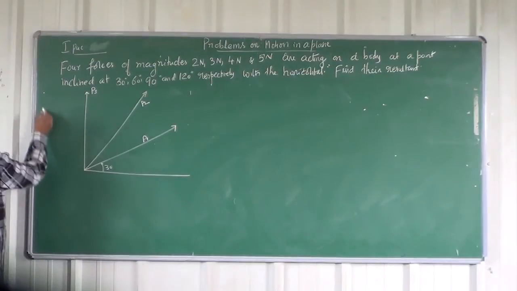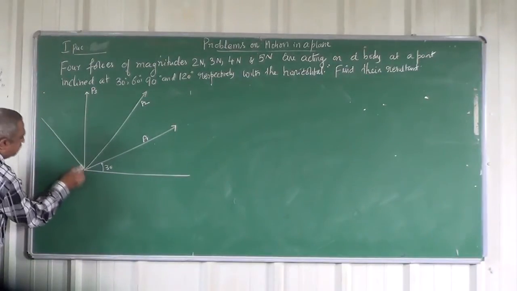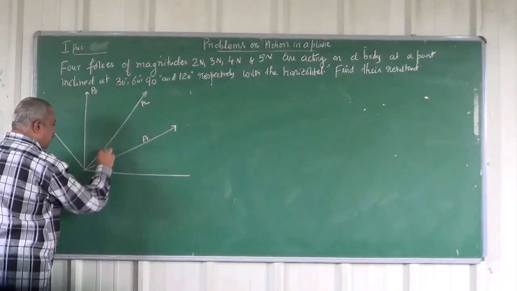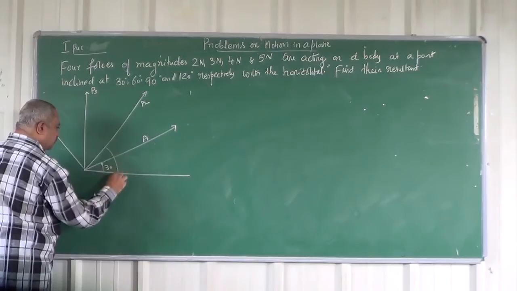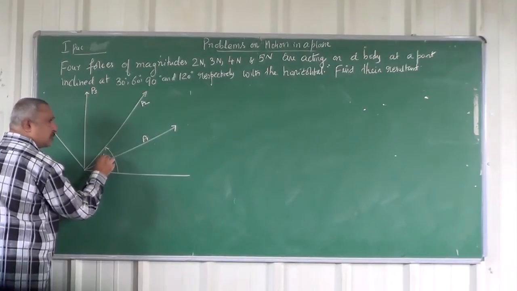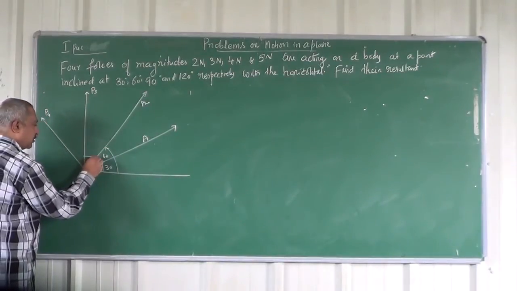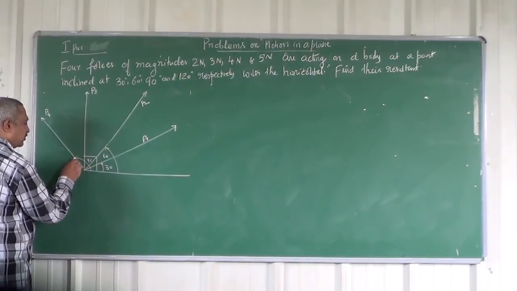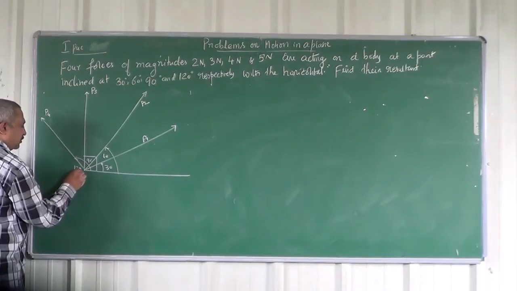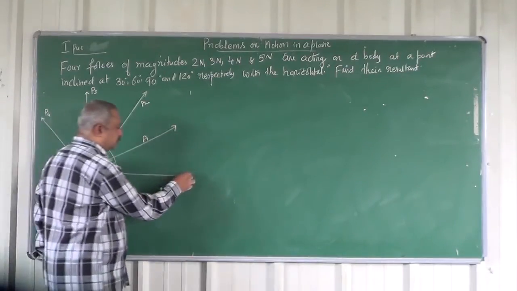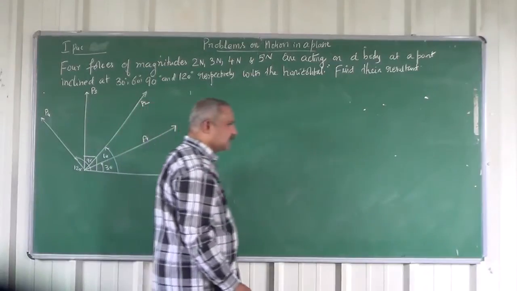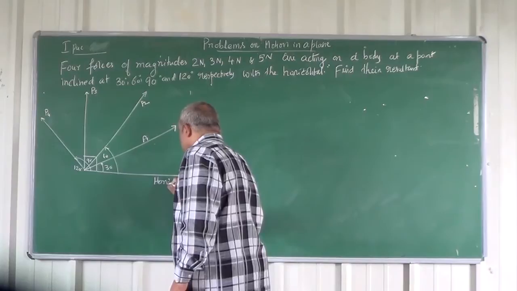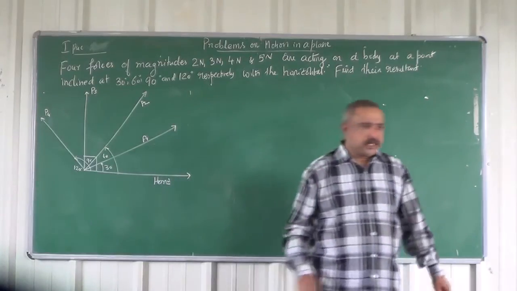There is a fourth force acting at 120 degrees. This is P4. So mark down the angles also. And what is this line? Horizontal.